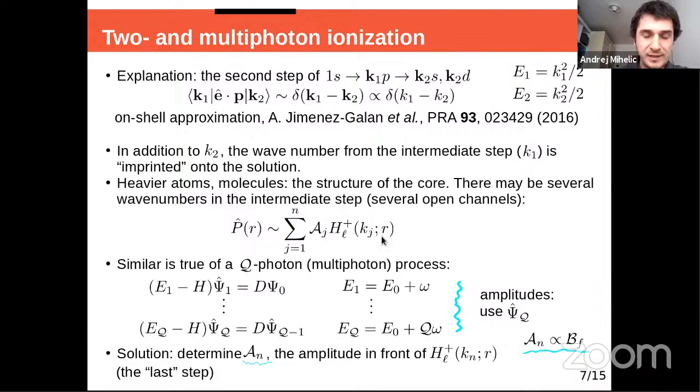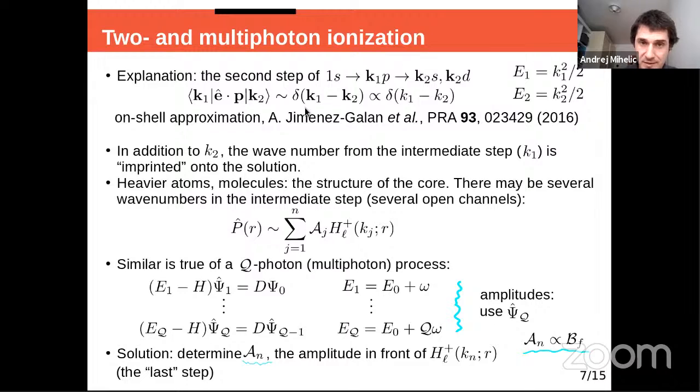And this is why we can guess an appropriate ansatz for the asymptotic form of this radial function. It consists of a sum of weighted Coulomb waves with fixed wave numbers, and all of those wave numbers can be calculated in advance.